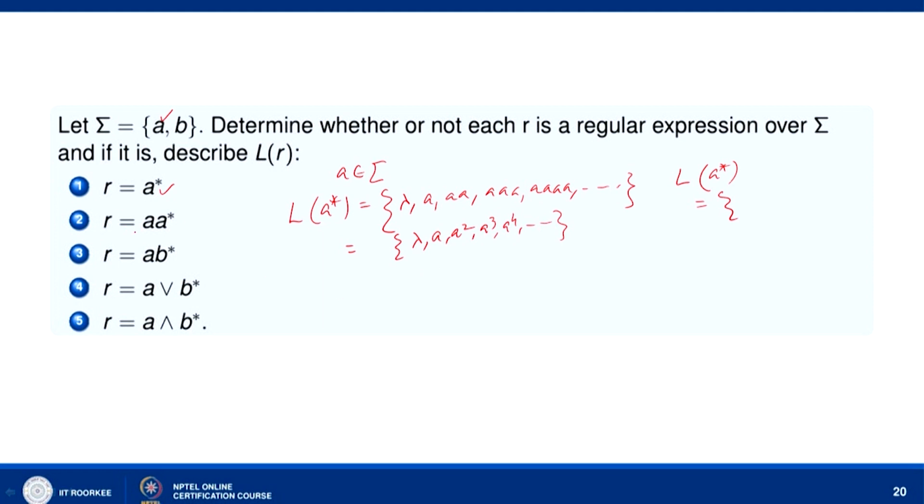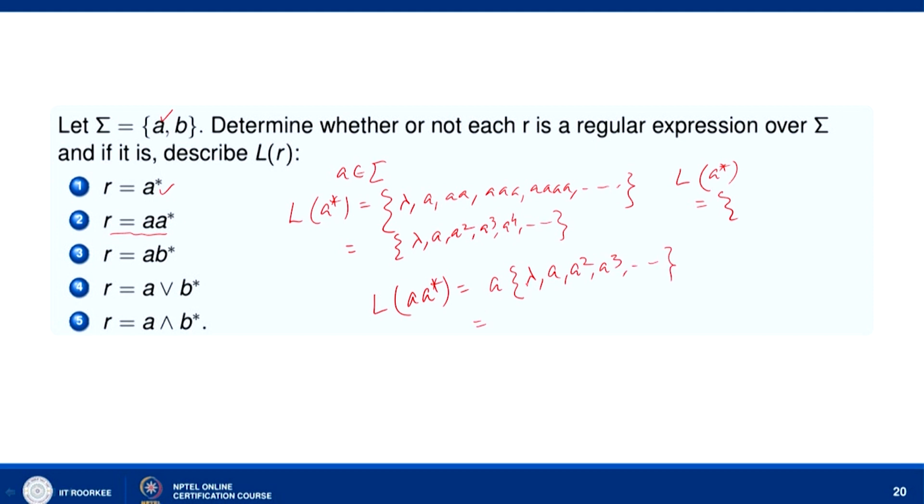Now, when we consider the second case R equal to a star, since a is a regular expression, a star is a regular expression, and L of a star will be equal to a, and then for a star we have lambda, a square, a cube and so on.